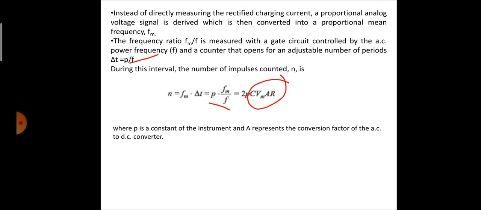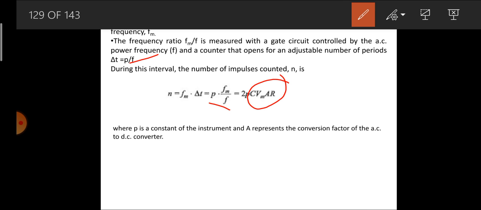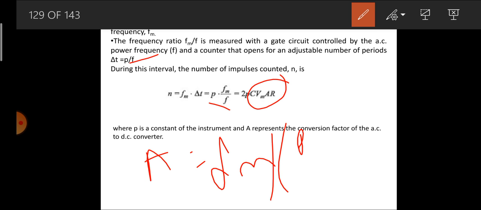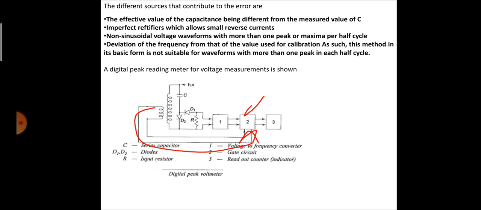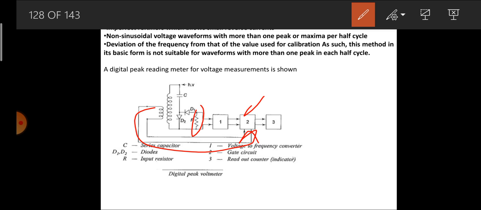Since A is a conversion factor, it can be written as Fm divided by R into Im, where Im is the rectified current through a resistance R, as you can see here. This part is actually a rectifier.